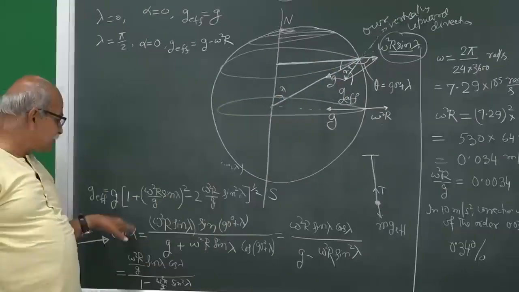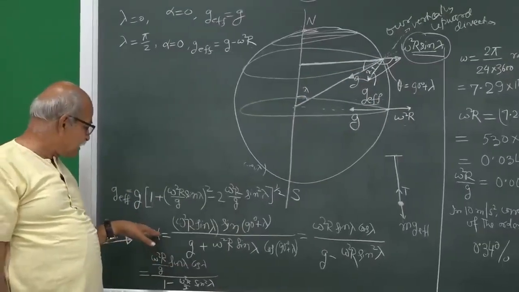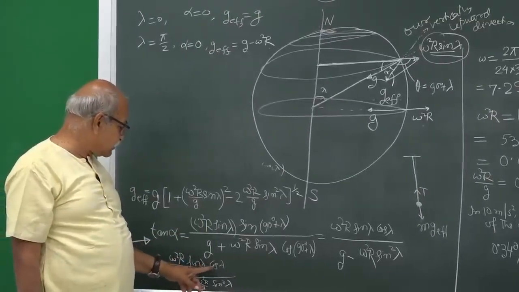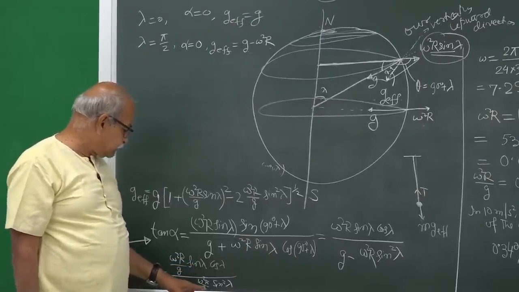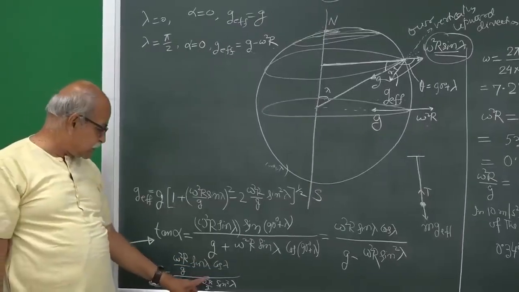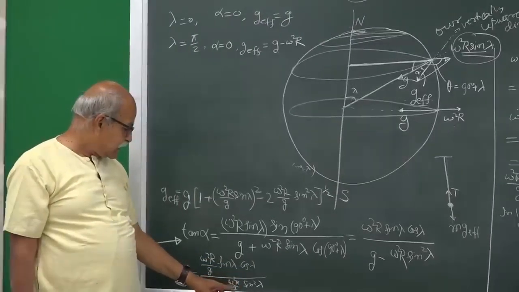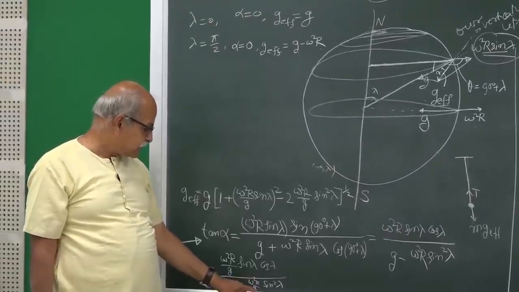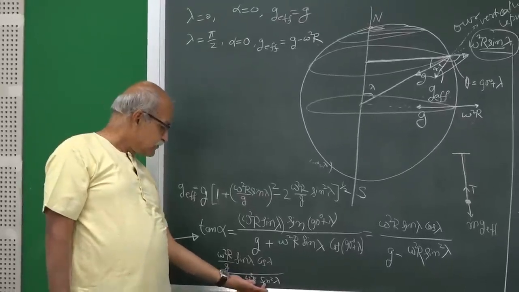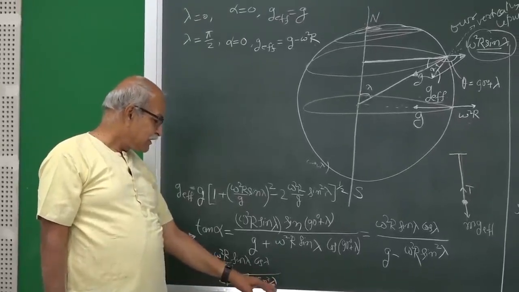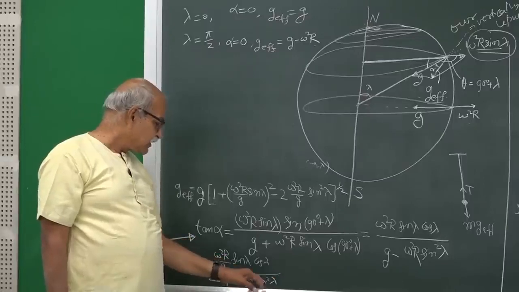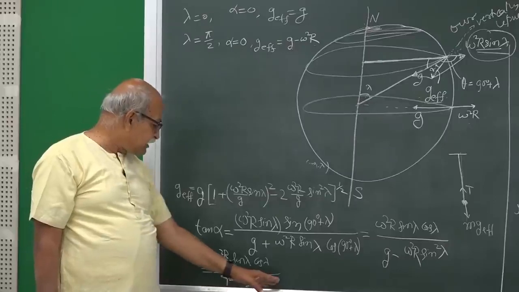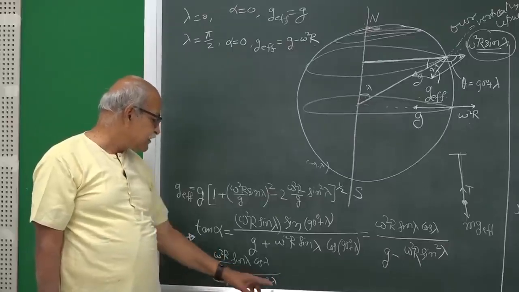But first lambda, first this alpha, the deviation angle. The deviation angle, if you see this sine lambda cos lambda, then since this 1 is here and this quantity is very small, omega square r by g, 0.0034 unitless, this whole quantity is very small, whatever is lambda. If lambda is pi by 2, this is 1, otherwise it changes, and therefore the denominator will not make much of a difference as lambda varies.